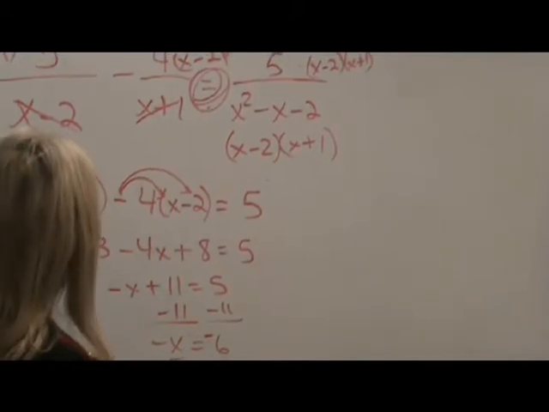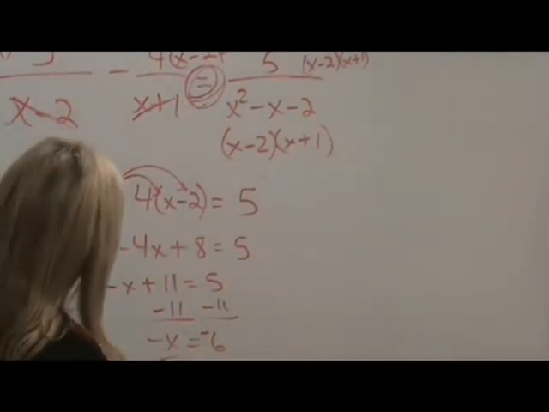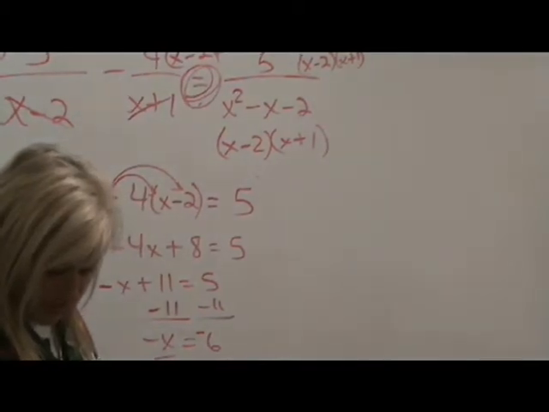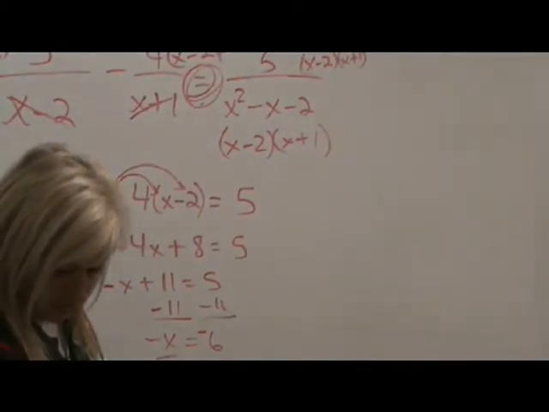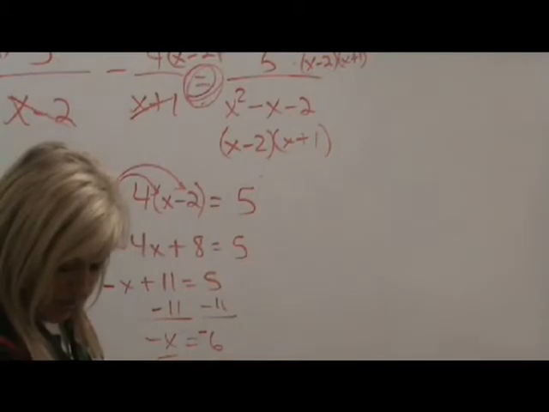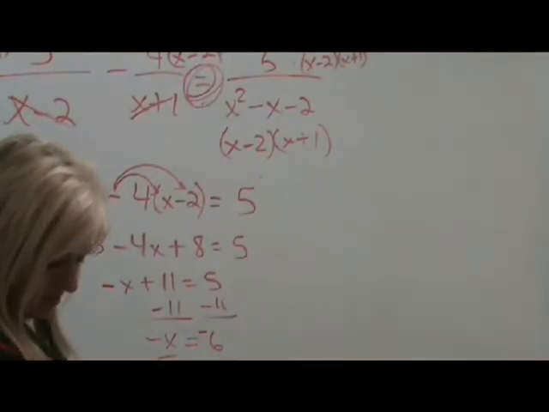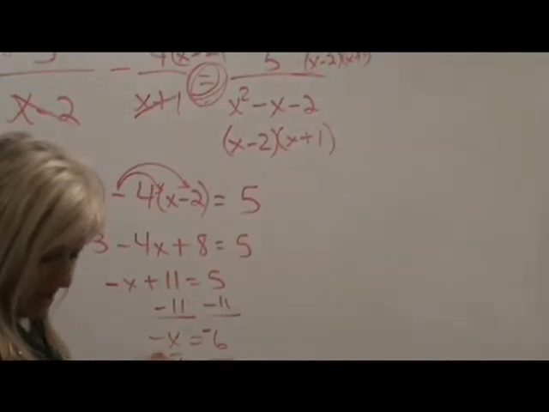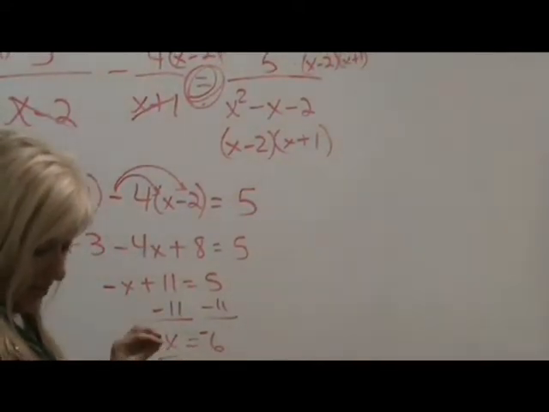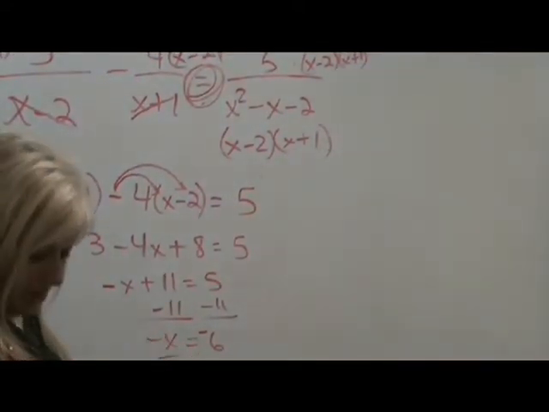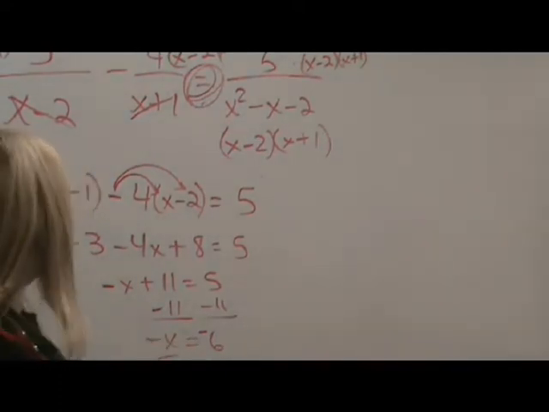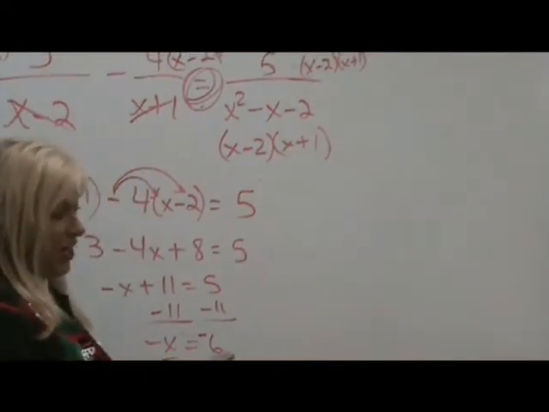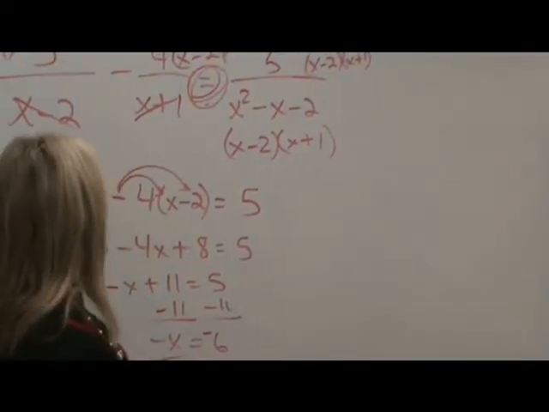And with these, one thing you have to be careful of, and I don't know if it says, yes it does, it says, solve the following equations involving rational expressions. Be sure to check your answers in the original equation if you multiply both sides by the expression that contains a variable. So we did, this contained a variable. So basically all you really have to check is the denominators.